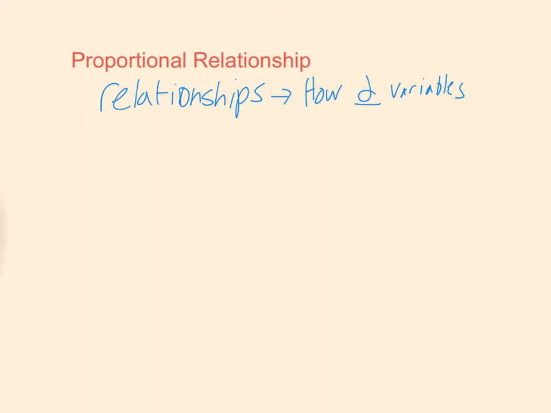X and Y. 99.9% of the time when we're talking about these relationships, we're going to use X and Y. Yes, you can use any letters you want, but X and Y is the go-to.